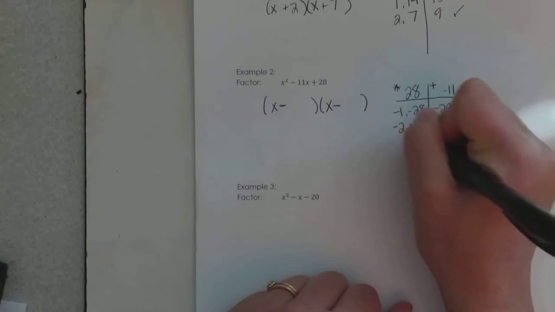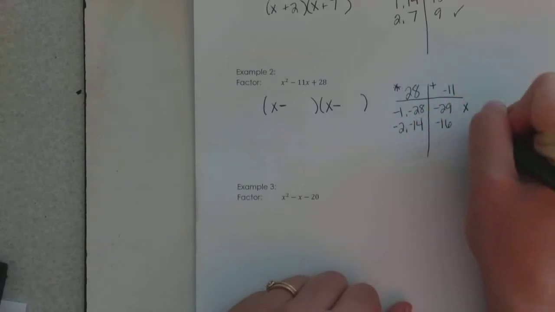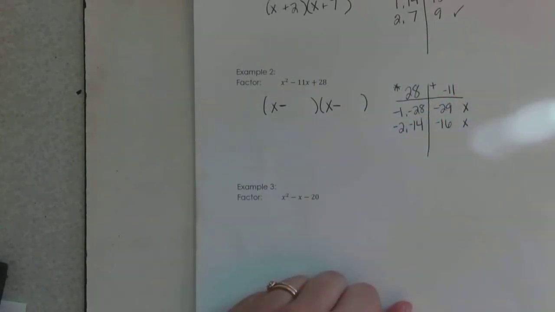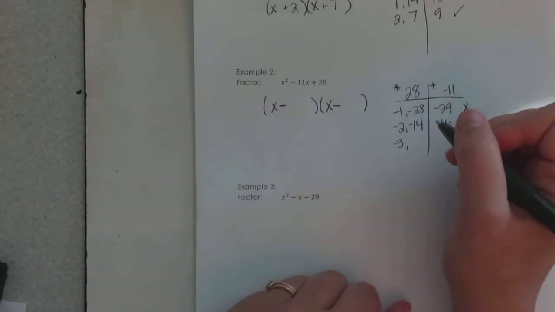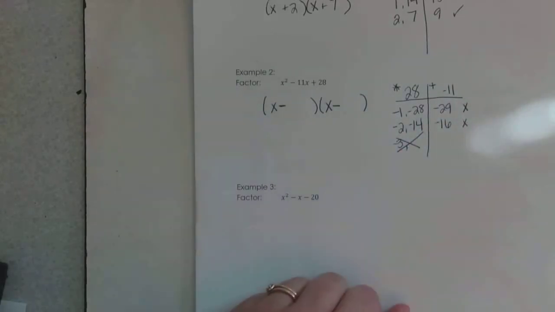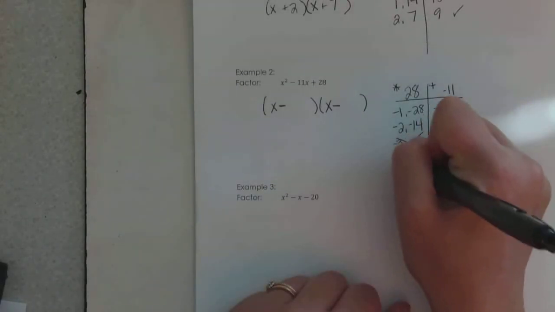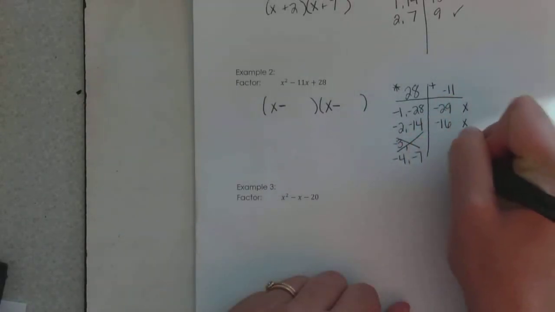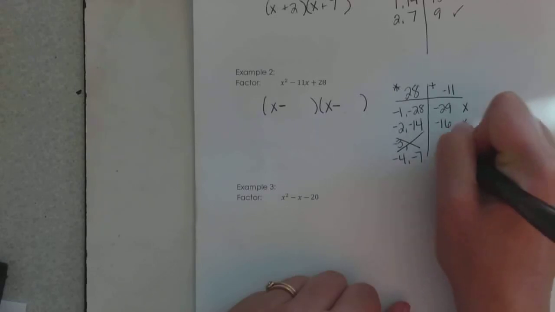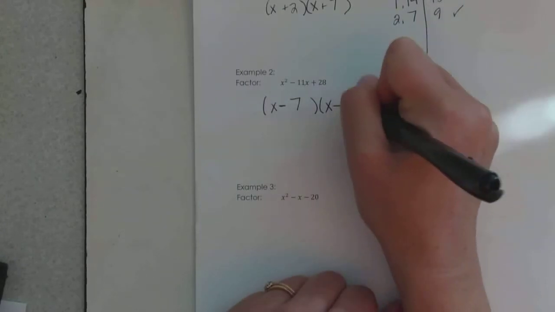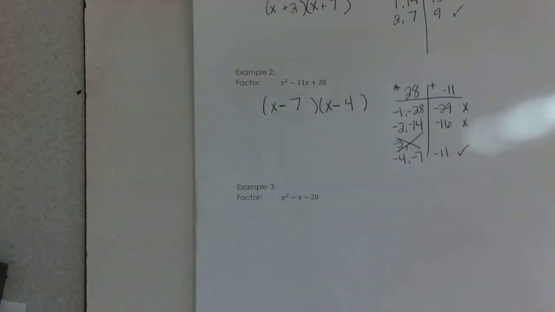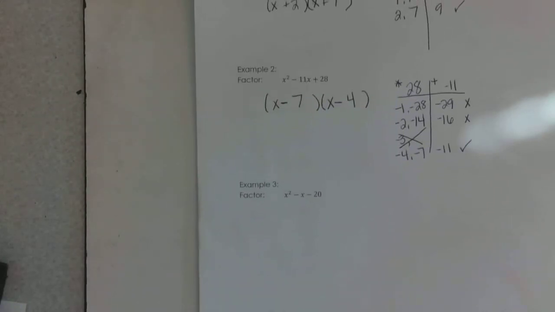Negative 2, and 28 divided by 2 is 14. When I combine these, I get negative 16. Not what I'm looking for. Then I go to 3. Well, 28 divided by 3 is a decimal, so I'm skipping 3. I go to 4. 28 divided by 4 is 7. When I combine these, I get negative 11, which is what I'm looking for. Minus 7 and minus 4. Those are our answers.